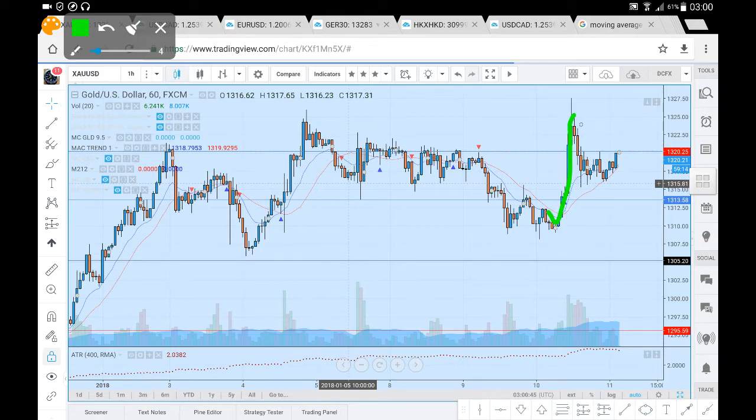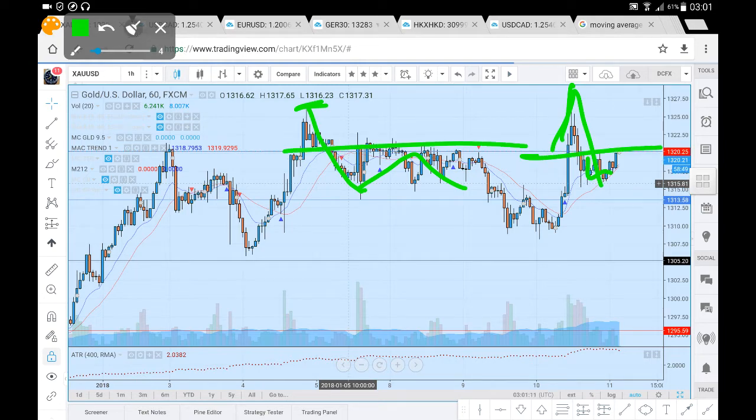So we did see this very strong move to the upside, but underlining the importance of the 1320 is the fact that we have seen prices spike upwards, slightly above our most recent high, and we've seen sell side momentum come back into the market again, taking us below this 1320 as well.